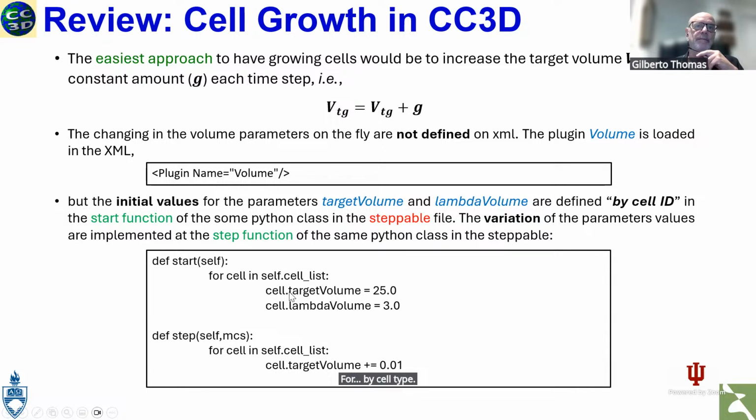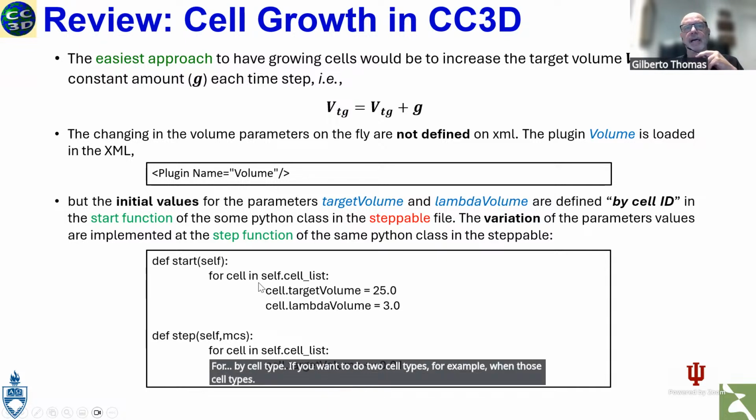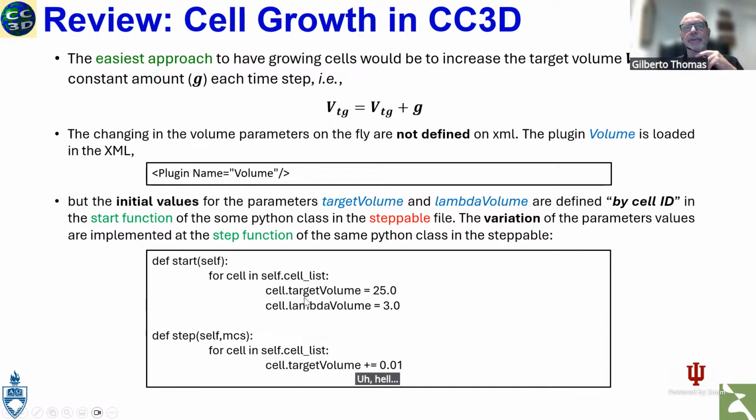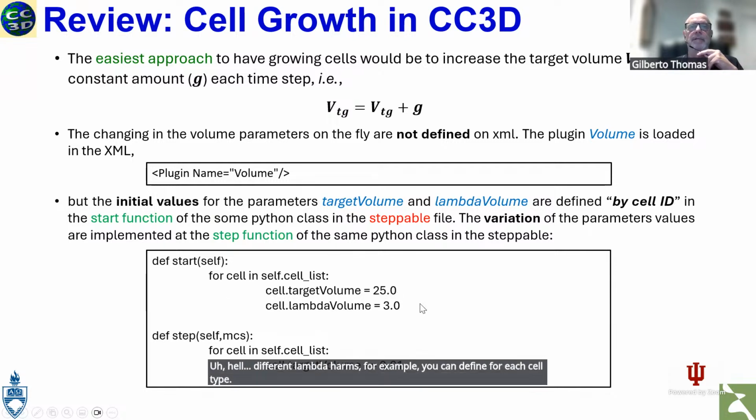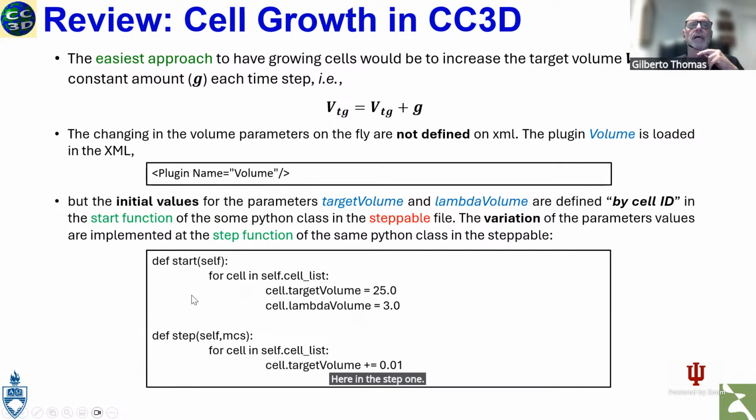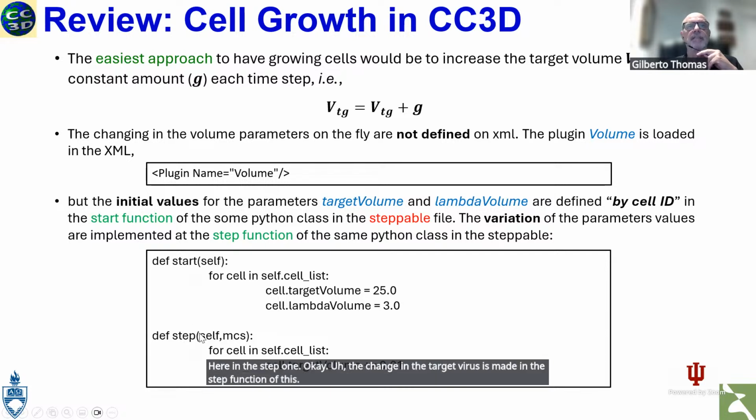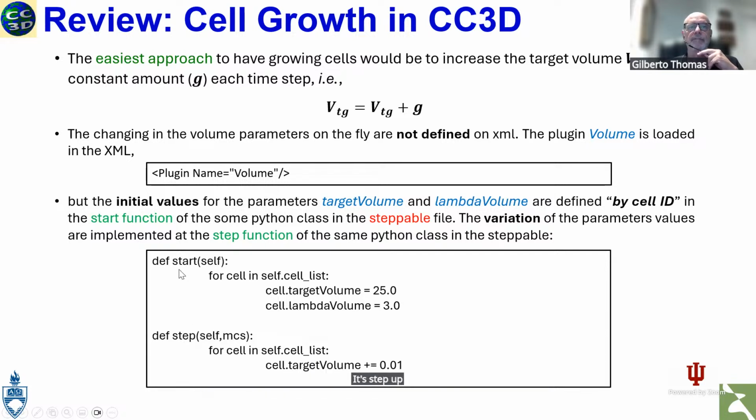This is a different plugin, because this plugin allows you to attribute those quantities by cell type. If you want to have two cell types, for example, and those cell types have different lambda volumes, you can define them for each cell type here in the steppable. The change in the target volume is made in the step function of this steppable. Remember, the start function only runs once at the beginning of the simulation.